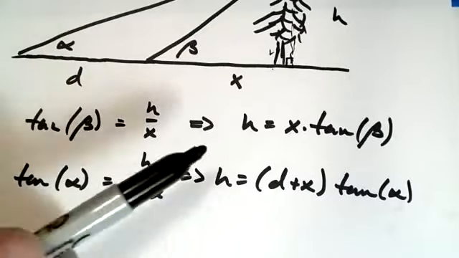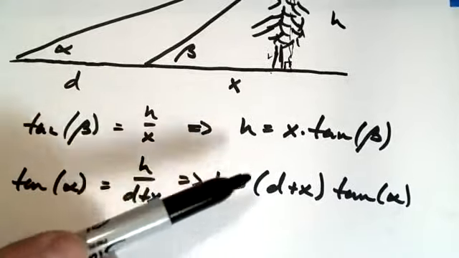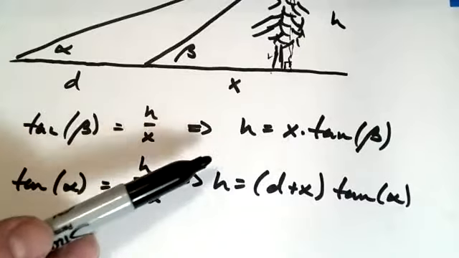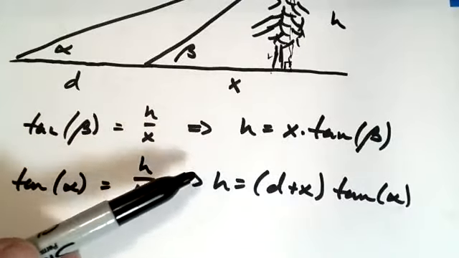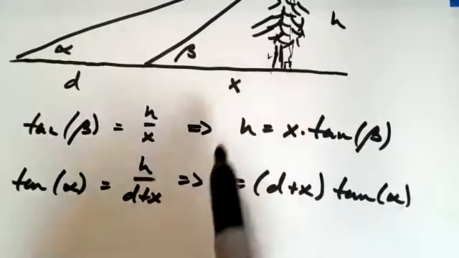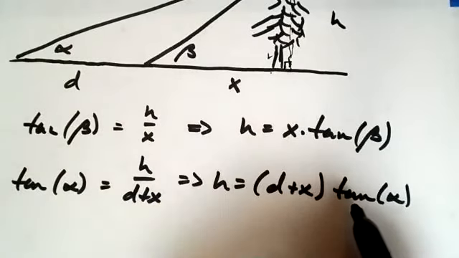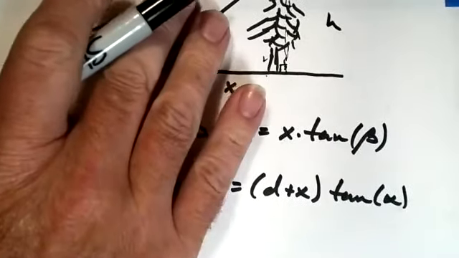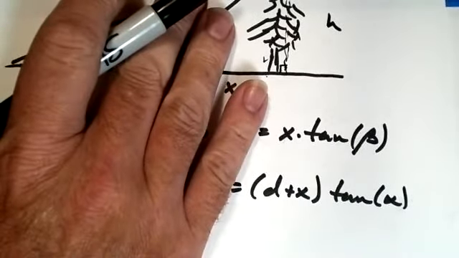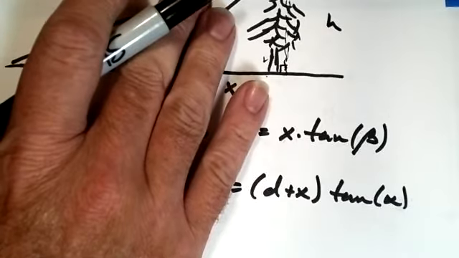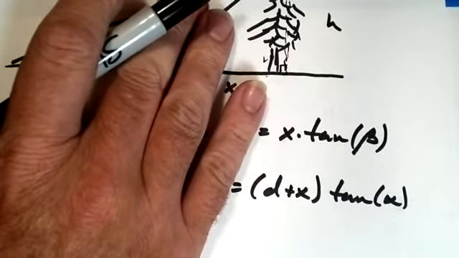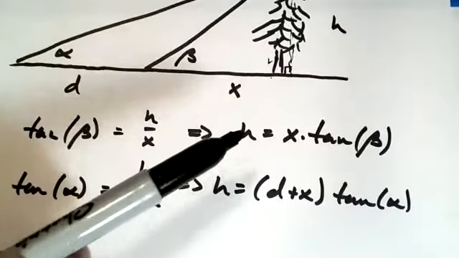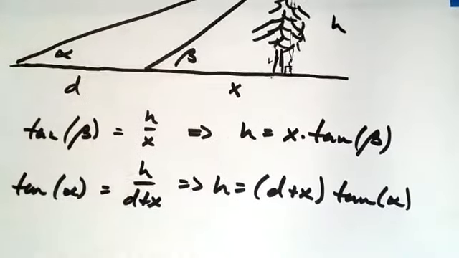But notice it's convenient because both of these equations are equal to the same variable, h. So the left-hand sides are equal, so the right-hand sides must be equal. If I set them equal to each other, I will have an equation that has only one variable. So that's going to be my step. I'm going to find x, and then I'm going to substitute it back in here to find h. That's the strategy.